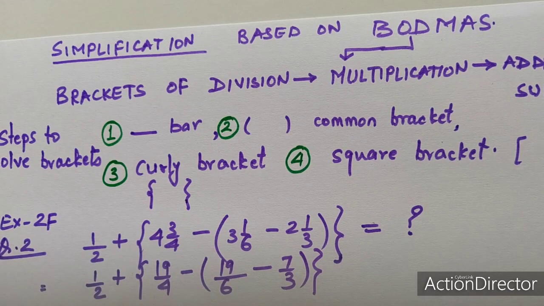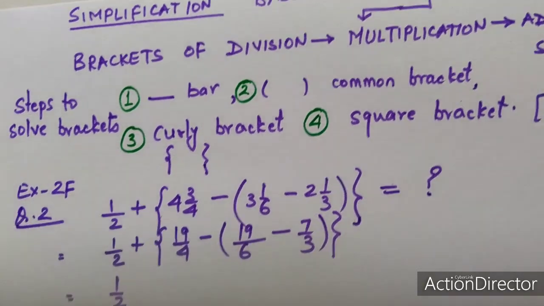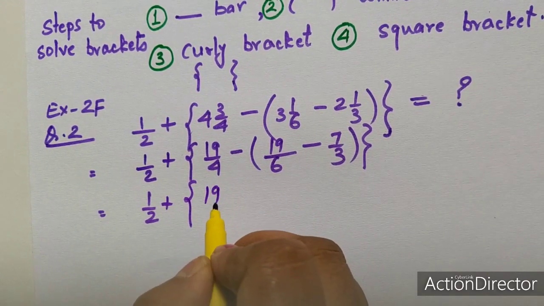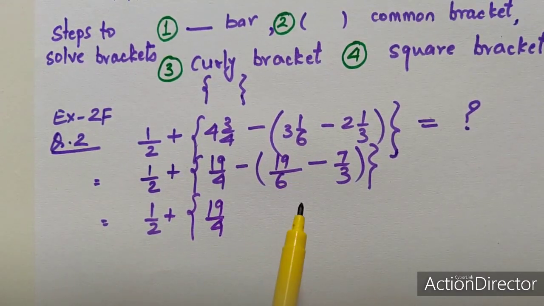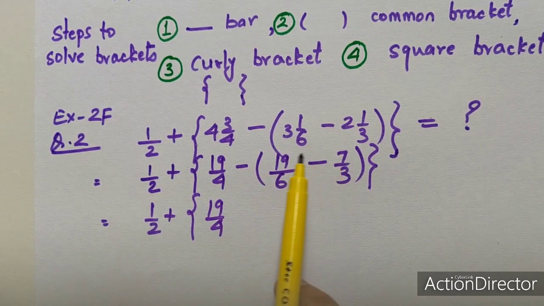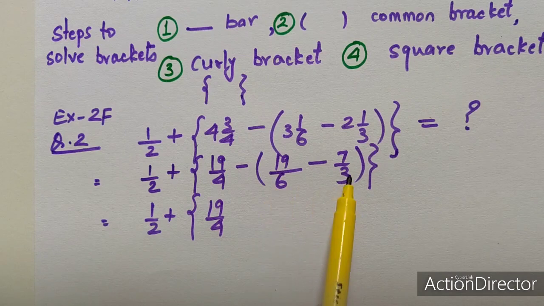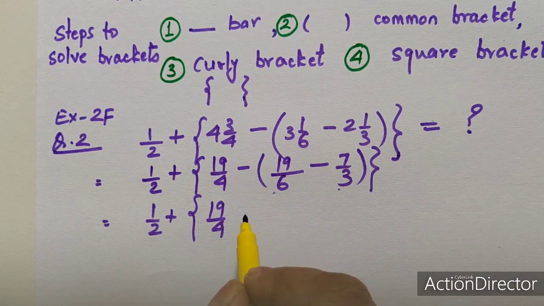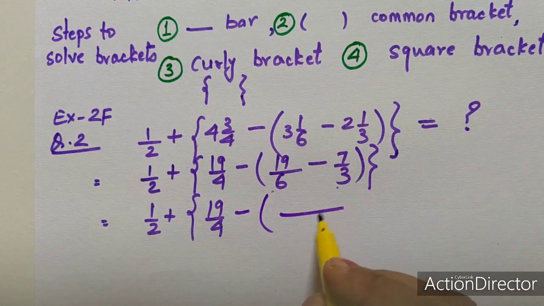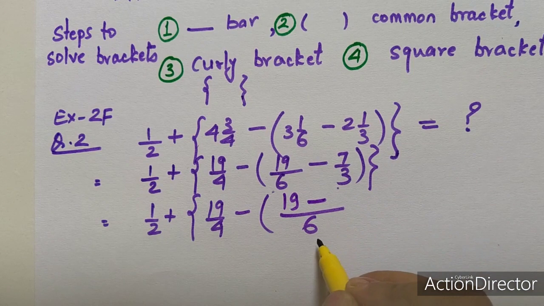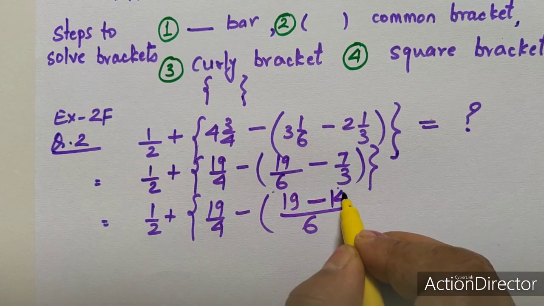Then the third step is 1 by 2 copied down as it is, plus curly bracket as it is, 19 by 4, because for this question we first simplify the common bracket. As we have two different numbers in the common bracket, take the LCM and solve it. So inside the bracket only we take the LCM, which is 6. This will be 19 as it is, 3 2s are 6 and 2 7s are 14.